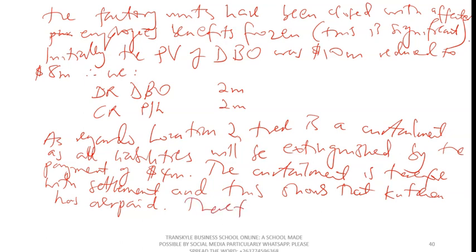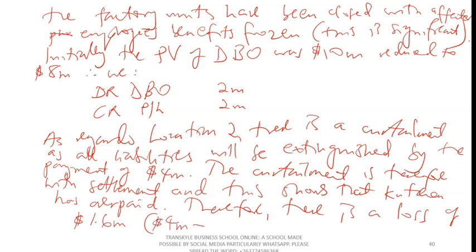Therefore, there is a loss of 1.6 million given by 4 million minus 2.4 million.